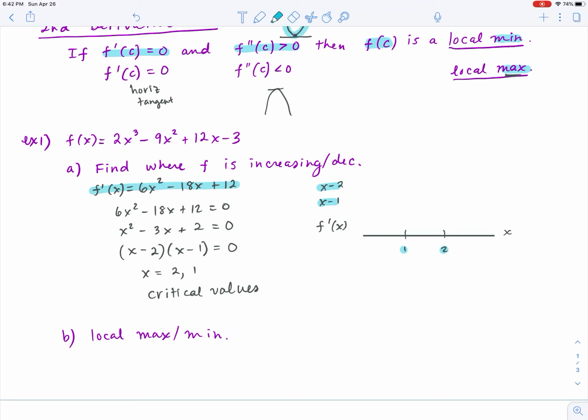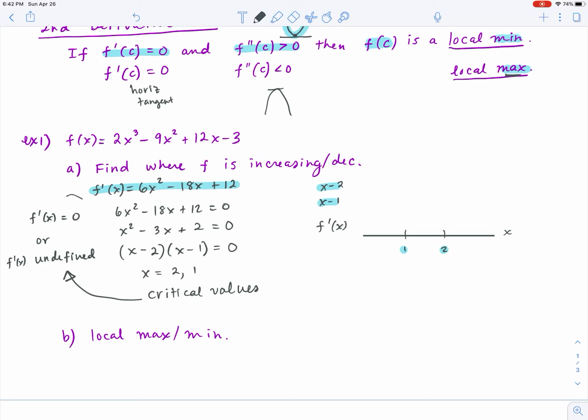I do want to point out really quickly, so that I don't forget, that we set the derivative equal to 0 or undefined. So we don't set it equal to undefined, but if the first derivative is undefined, then we get critical values.